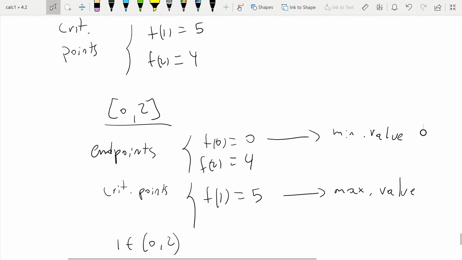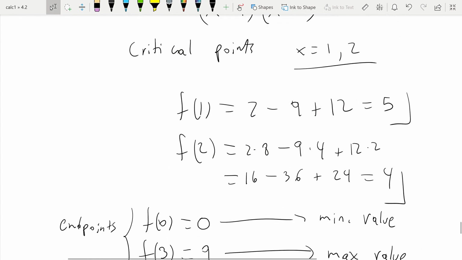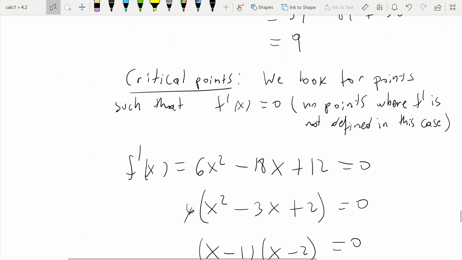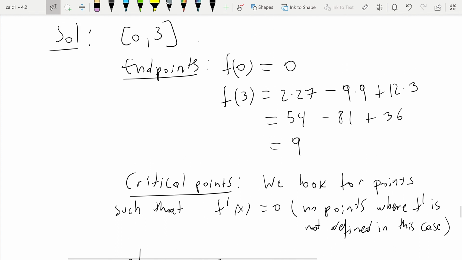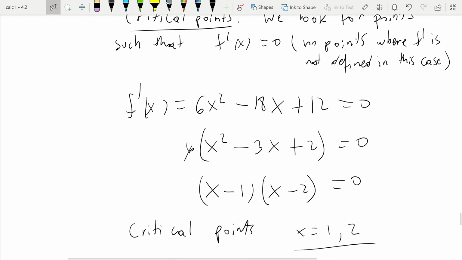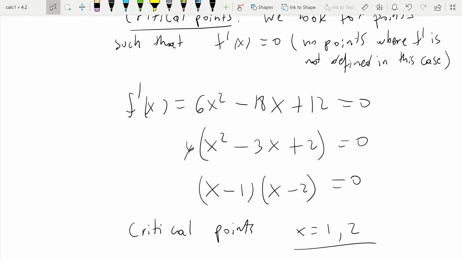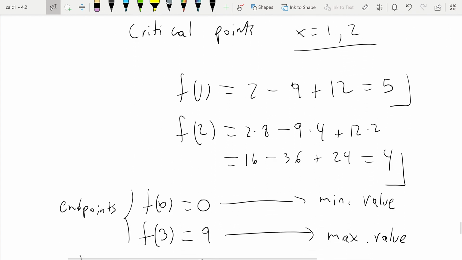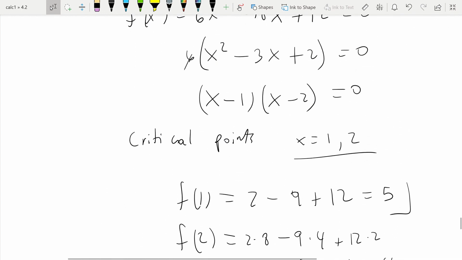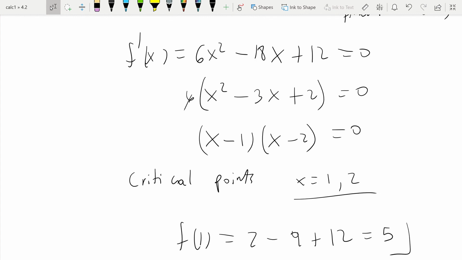So again, keep in mind, whenever you're asked to find extrema, you need to record what happens at the endpoints, then find the critical points by taking derivatives equal to 0, finding the points at which this happens and recording those values, and possibly also the value of f at points where the derivative is not defined.